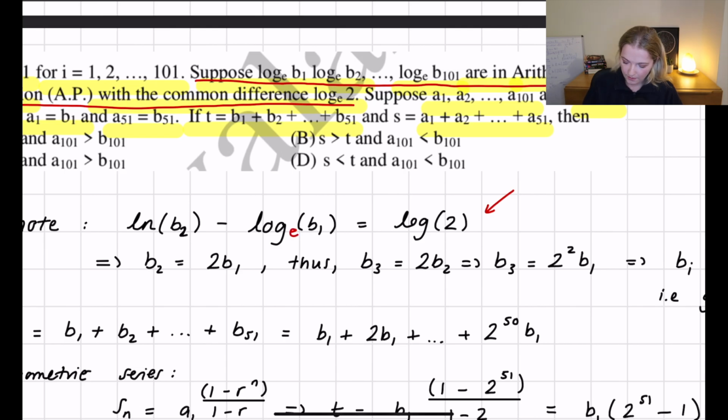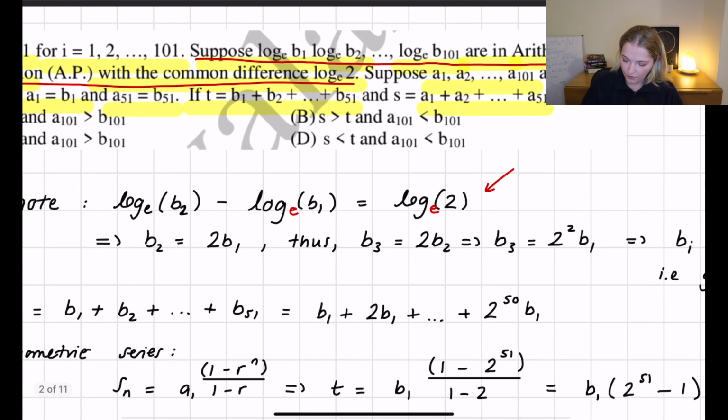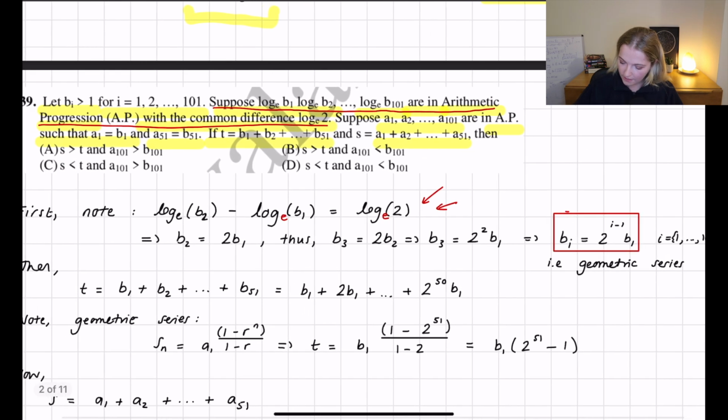I should have just put log e to be consistent. So let's rewrite that to be consistent with the question. But yeah, this is what we can find from that condition. And then from that, you can do some simple mathematics, solve this here, and then consider different b values in order to get a condition. And what condition we get is this one here. So that's from the first.